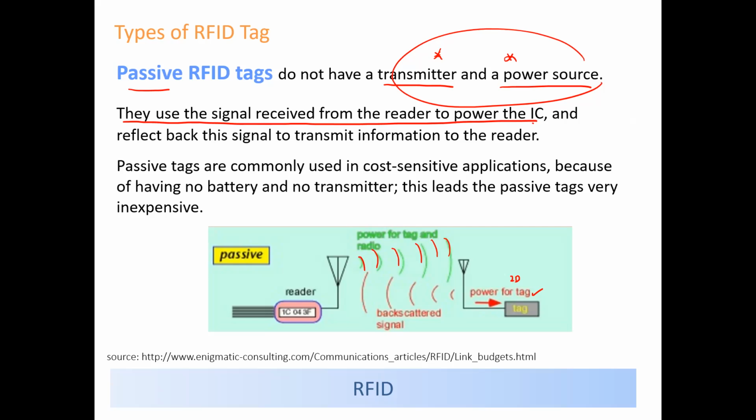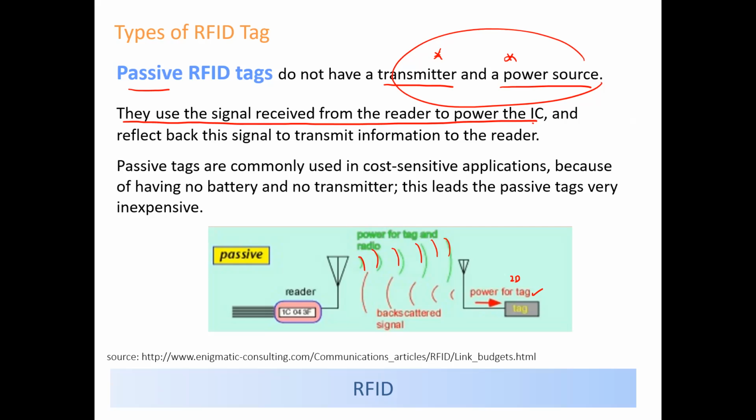There's no battery, not even a button battery, no battery inside, right? It can be very small, but if you want to go through the gate, you have to put the tag very close to the reader, right? Because it makes sure that it can get the power from the reader.